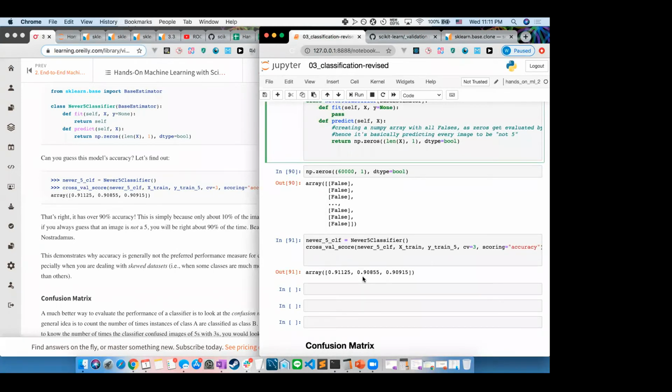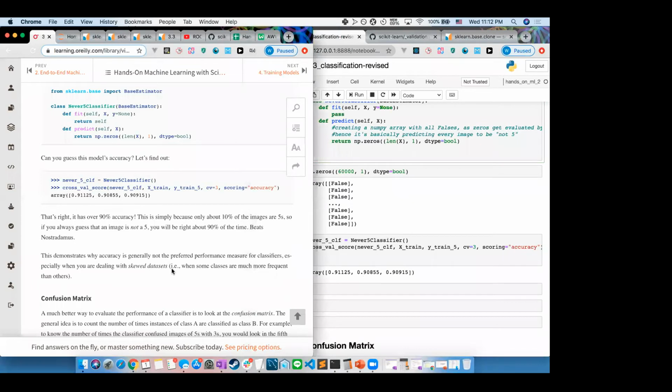Hey, can I jump in here, because this is actually my thing? Yep, please. What he's saying is a skewed data set, but skew means something else. What he really should be saying is an imbalanced data set.